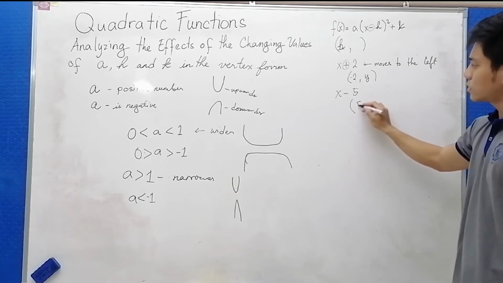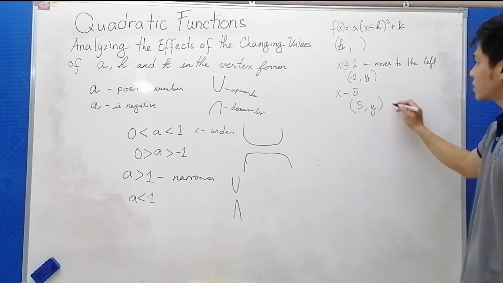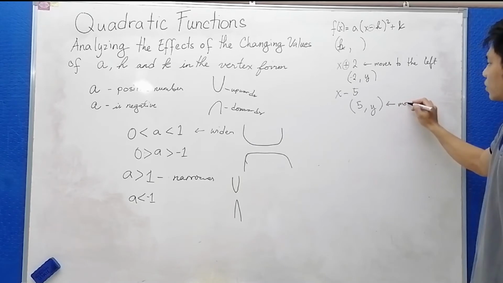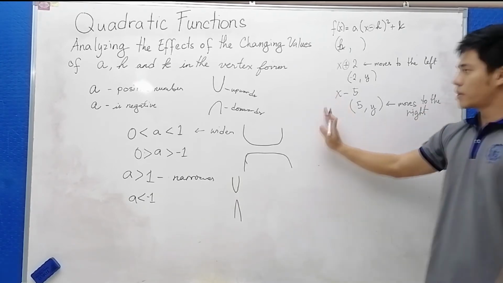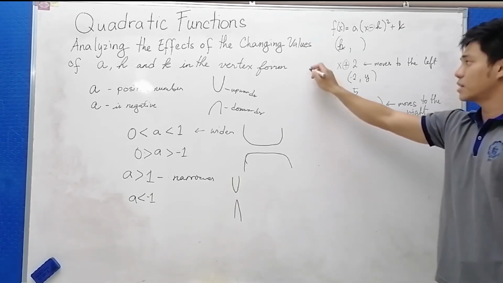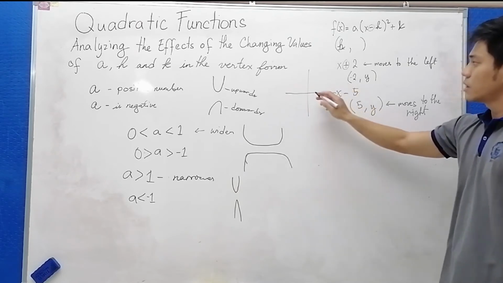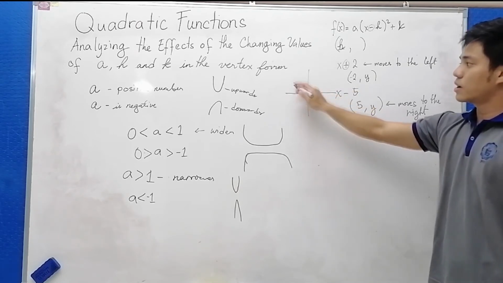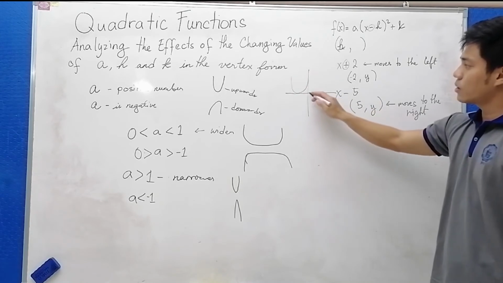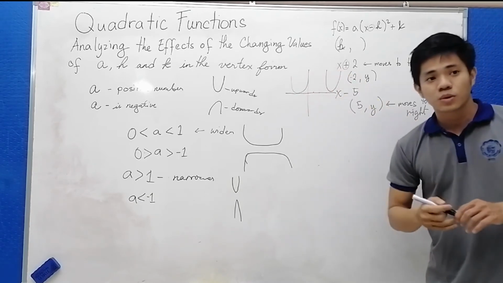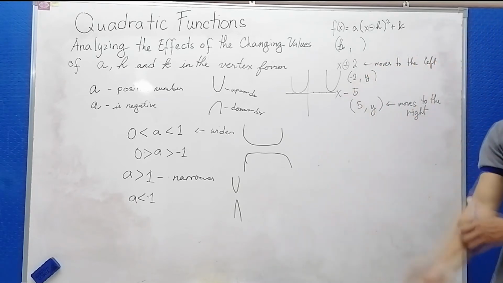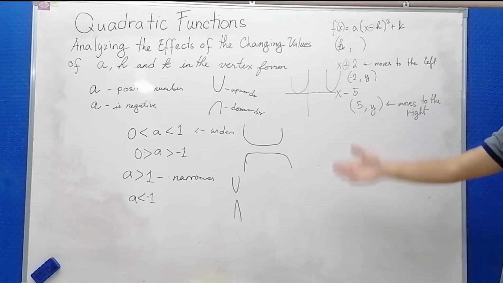This has coordinates of 5 and the y value, so it moves to the right 5 spaces. So the parabola will move from the Cartesian plane's original point of 0, 0. It will move 2 spaces or 5 spaces, shaping here. That's what we can learn from the h value in the vertex form.